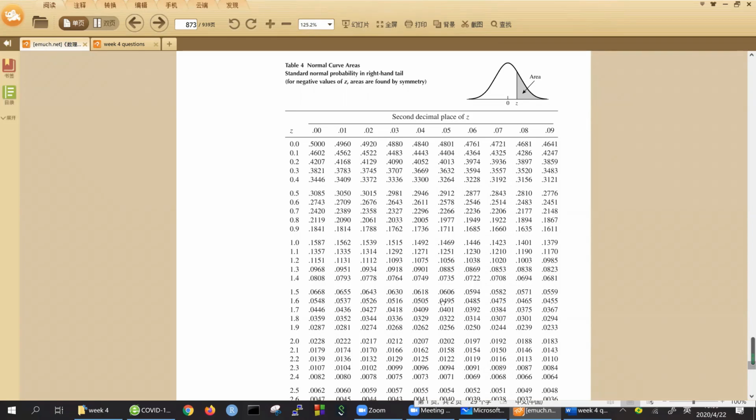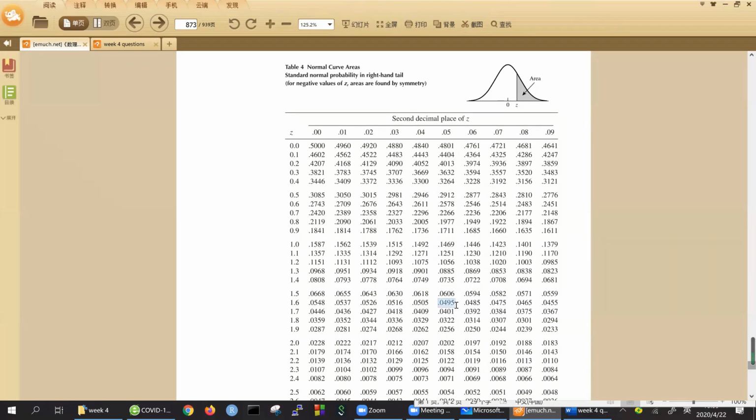For example, bear in mind, this 1.0495 is a very important point, and it corresponds to 1.65. We will revisit this very soon, in about 20 minutes or so, and you will understand why I am highlighting this. In the meantime, I really encourage you to think about, well, why is this number really important?